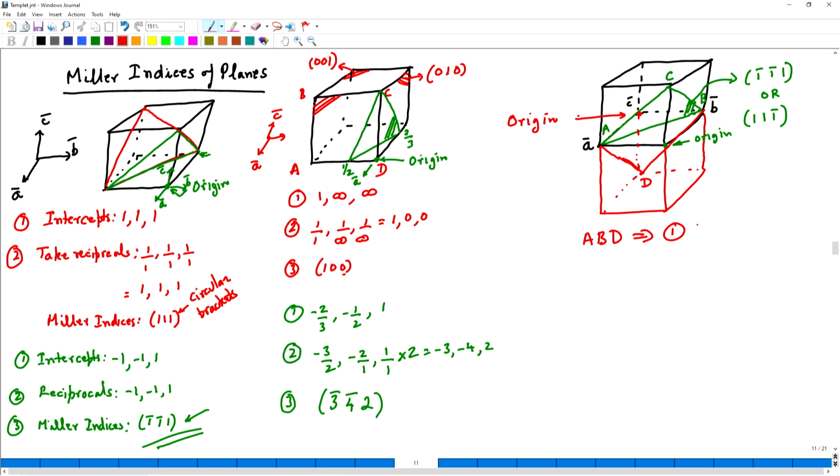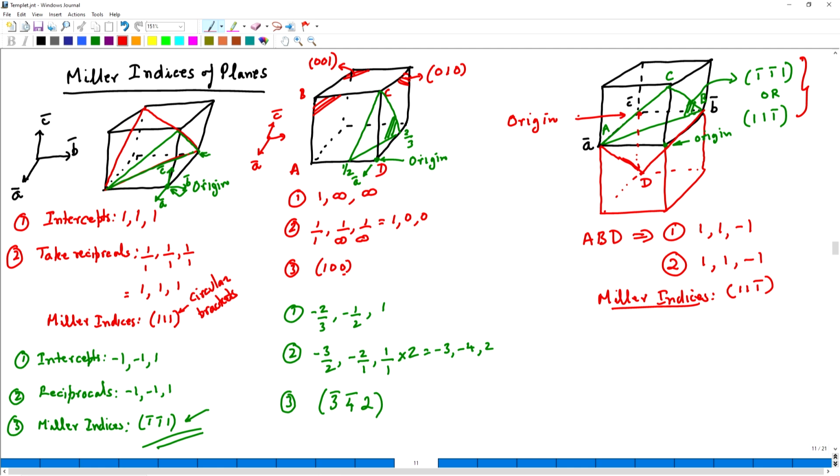Along A it is 1, along B it is 1 and along C it is -1. Take the reciprocals and I will get 1, 1, -1, the same numbers, and then finally I will get the Miller indices as 1, 1, bar 1. So, we can see that 1, 1, bar 1 or bar 1, bar 1, 1 are representing the same plane.